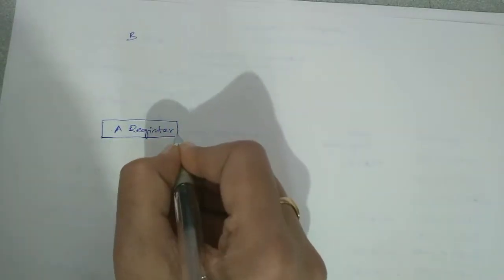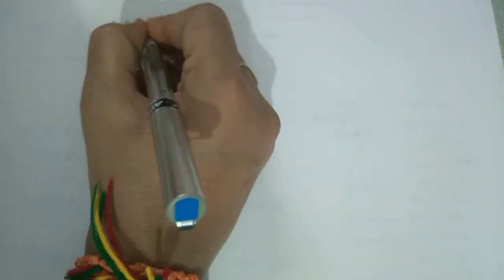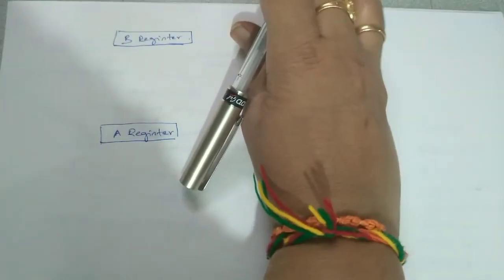And coming to the implementation, the hardware implementation of signed magnitude addition and subtraction. We need two registers, the A register and the B register.